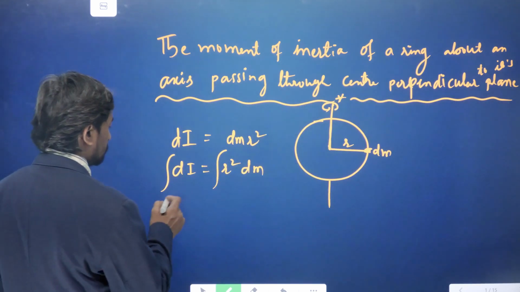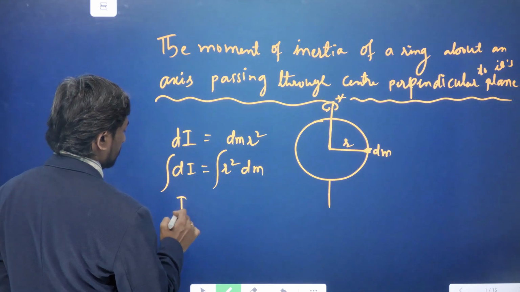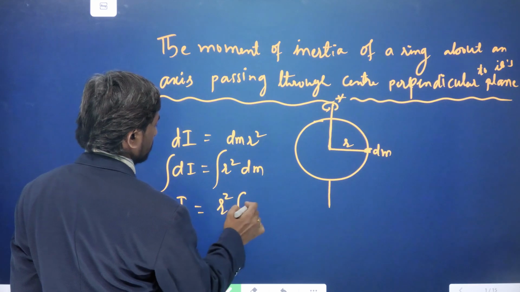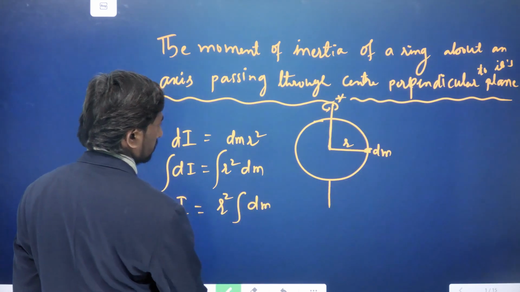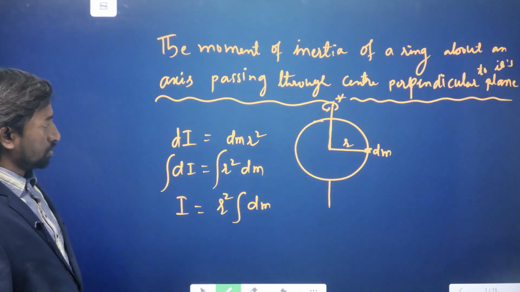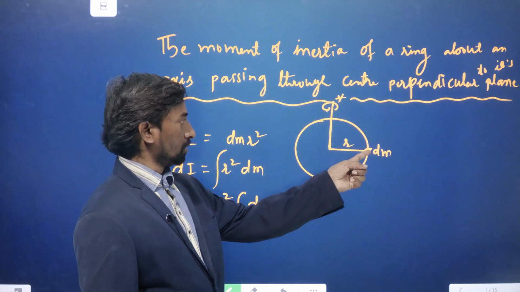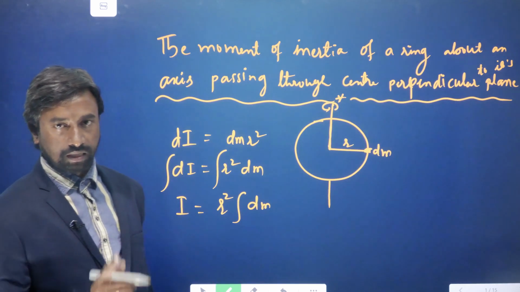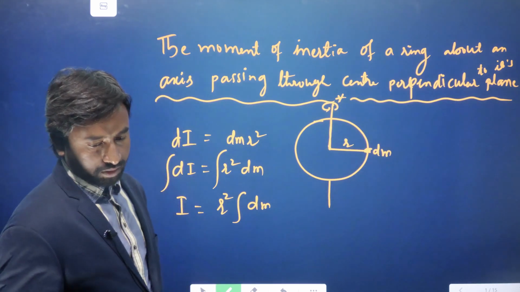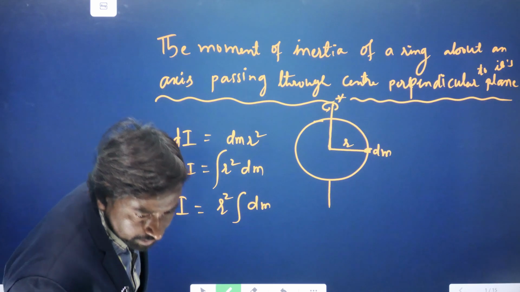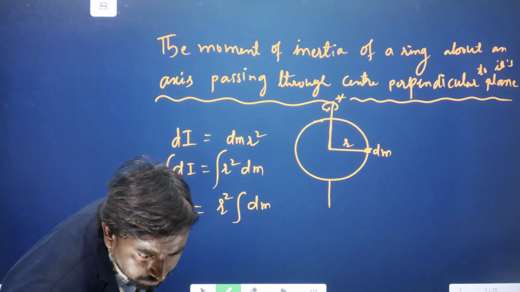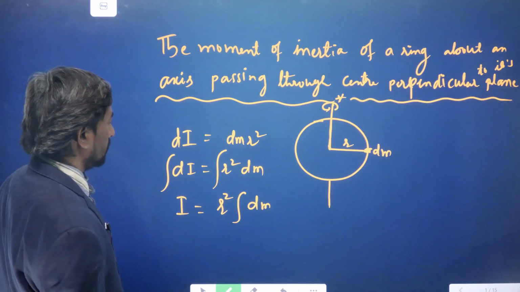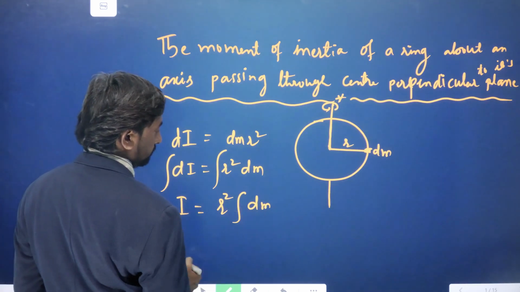So the integral of dI gives I equals, r is constant so it can be taken out, r square into the integral of dm.